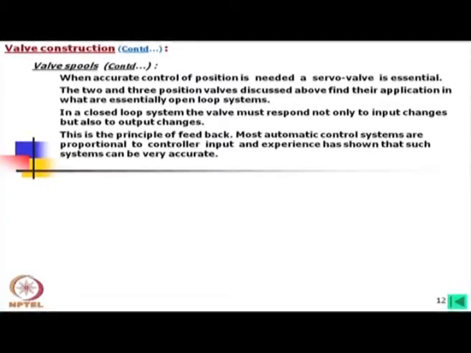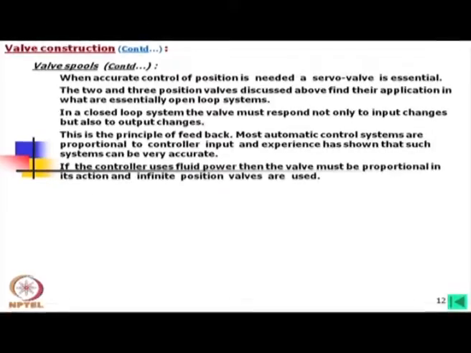Most automatic control systems are proportional to controller input, and experience has shown that such systems can be very accurate. If the controller uses fluid power, then the valve must be proportional in its action, and infinite position valves are used.